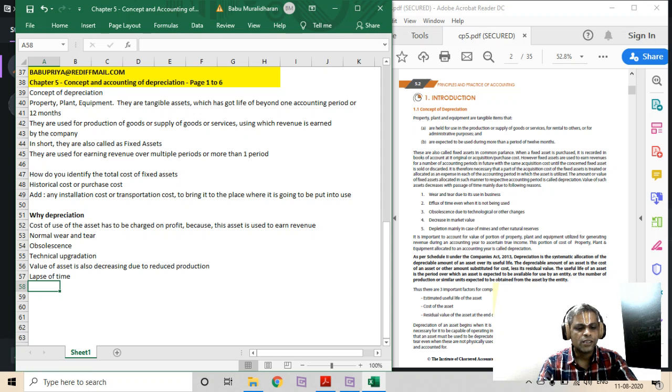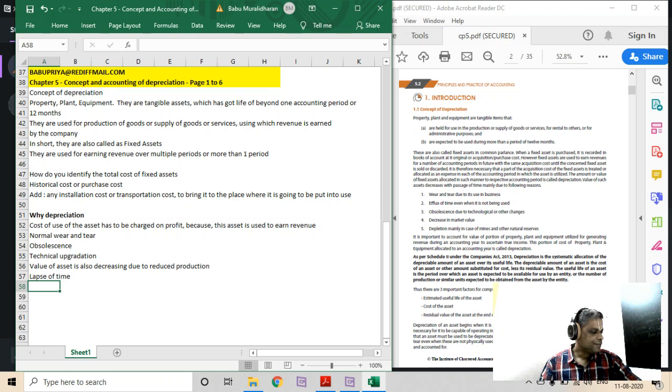So these are all the reasons why we have to charge depreciation. Remember, depreciation is a charge on the revenue earned for the accounting period, because the machine or plant or equipment is put into use for earning revenue, and the cost of the asset has to be charged over the life of the asset, because till the asset is earning revenue, a portion of the asset cost has to be charged into the expenses.